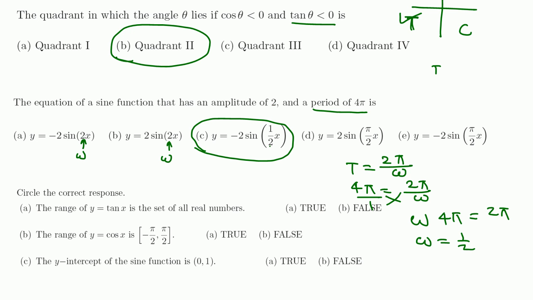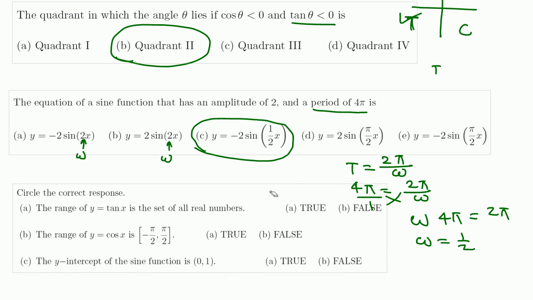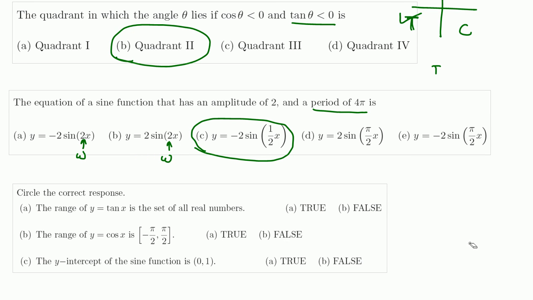And if you want to find the period of this function, that comes out to be 4 pi, because period is 2 pi over omega. Omega is 1/2, and 2 pi over 1/2: this 2 goes on the top, 2 times 2, 4 pi.